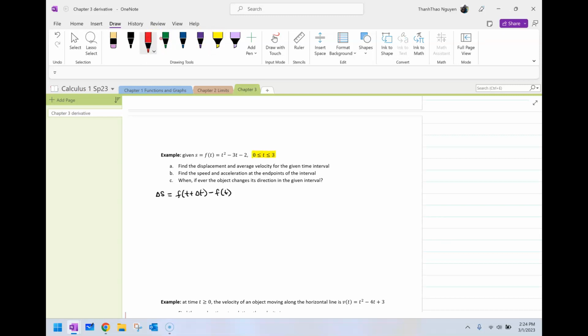So t is equal to 0, and t plus delta t is equal to 3. Then f of 3 minus f of 0 is equal to 0. So after 3 seconds of traveling, the object ends up where it started.